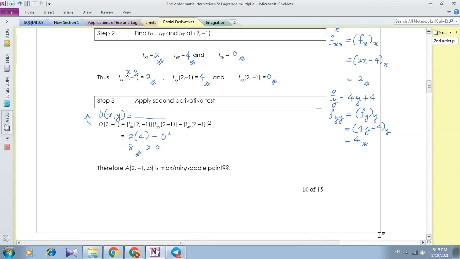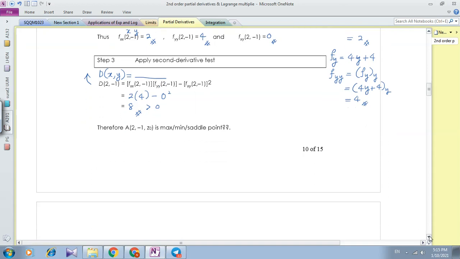Therefore the critical point 2, negative 1 is a minimum point. So that will be our conclusion.